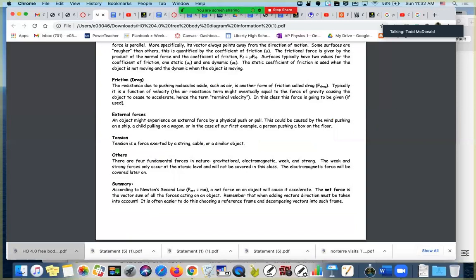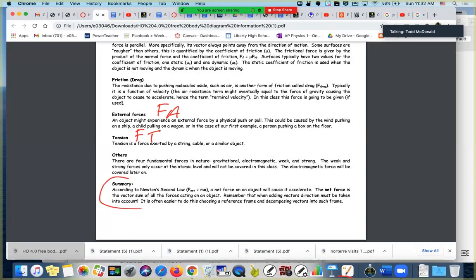And by the way, a lot of times our external forces, we will just call an applied force, and we'll use FA. If you have a string, rope, or cable attached, we really more think of it as something being pulled, and we will call that tension. So there's a force of tension acting on an object, like if something is hanging from a string and things like that.